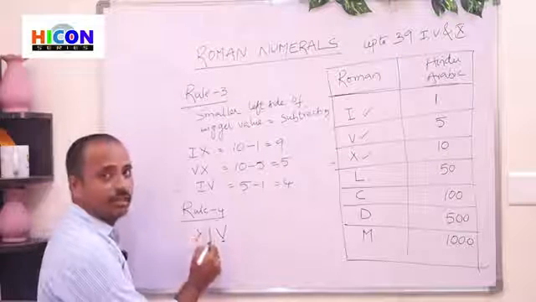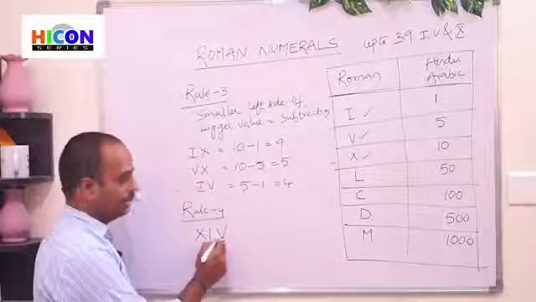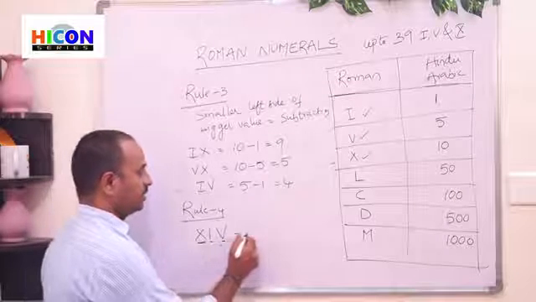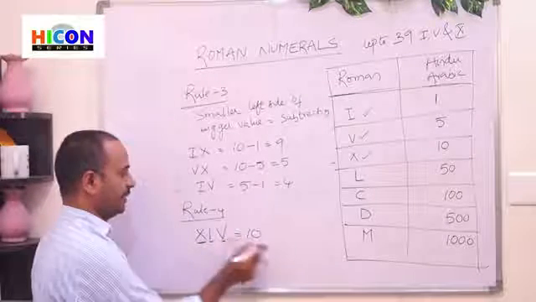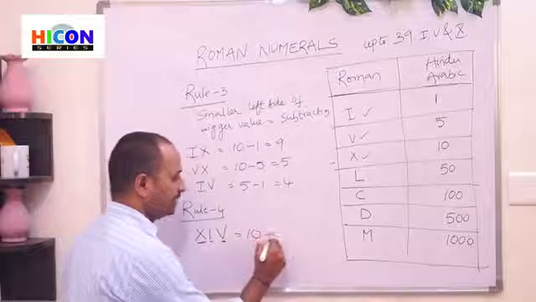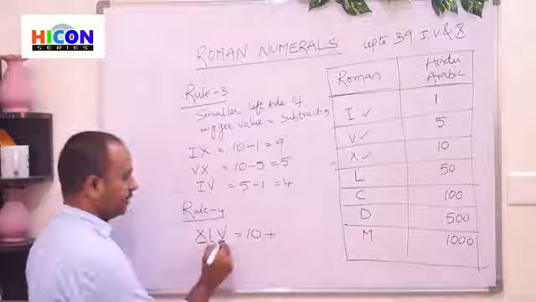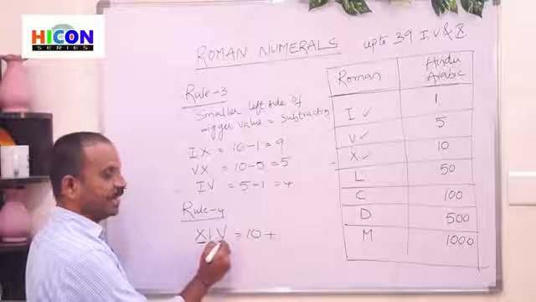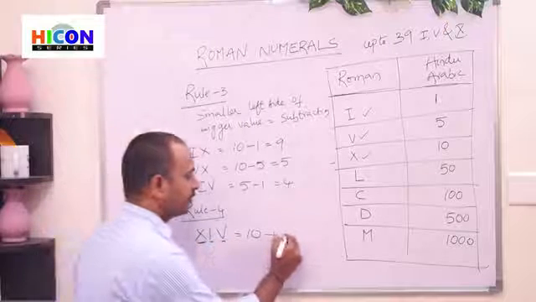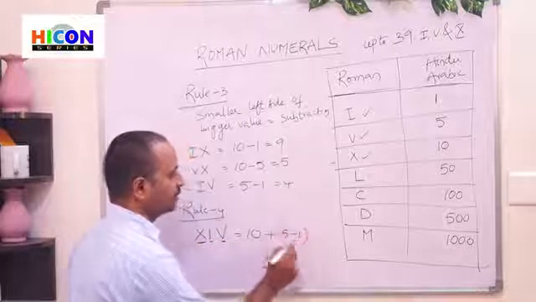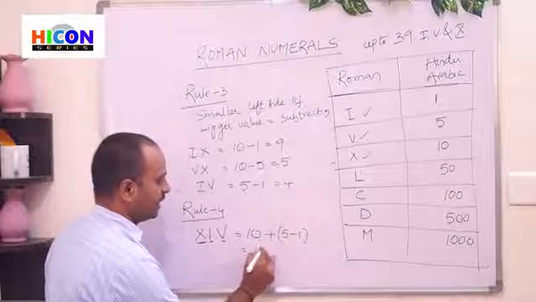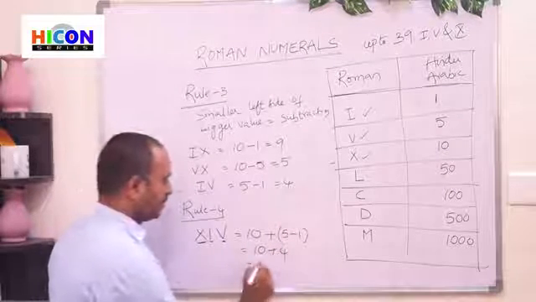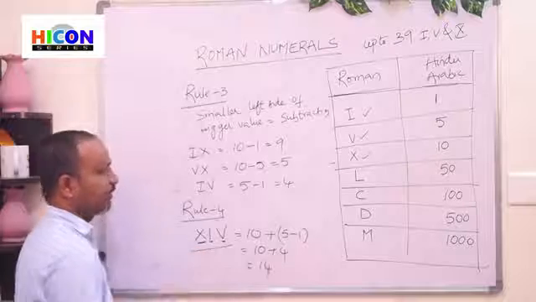The left side value should be written as the same. X means 10 plus, and V means 5, I means 1. I should be subtracted from V. That means 5 minus 1, 4. So that becomes 10 plus 4, 14. So this value becomes 14.